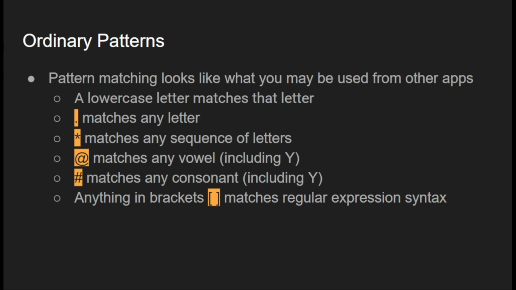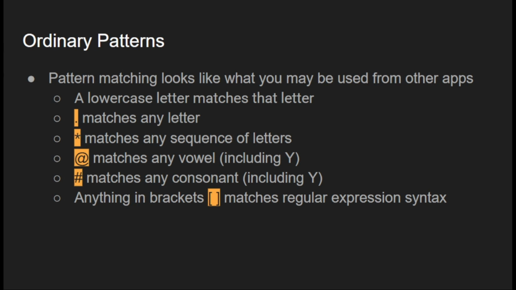A lowercase letter will match that letter. So if you type in lap, I don't know why that's the first word I came up with, it'll just return the word lap, because that's what you searched for. You can also put in a period that would match any letter. So you could put in la.p, and that would match lamp. It would also match lapp if that's in your word list, etc.